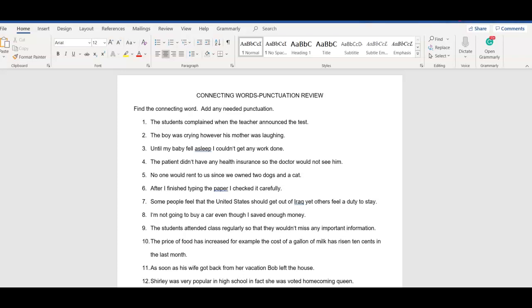So if a lot of this information is new to you, you need to go slowly and use the chart for each question. Analyze the sentence, figure it out, and check it. In the beginning, this is a slow process.